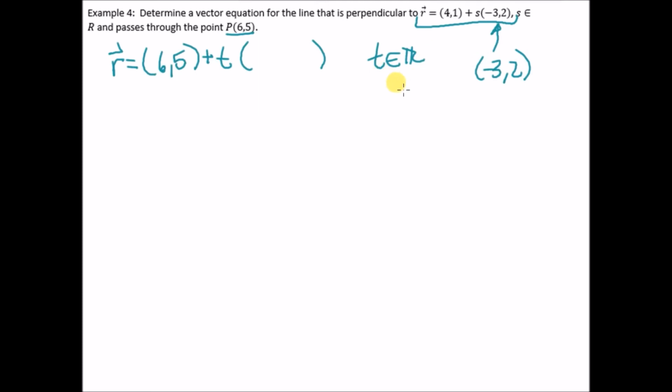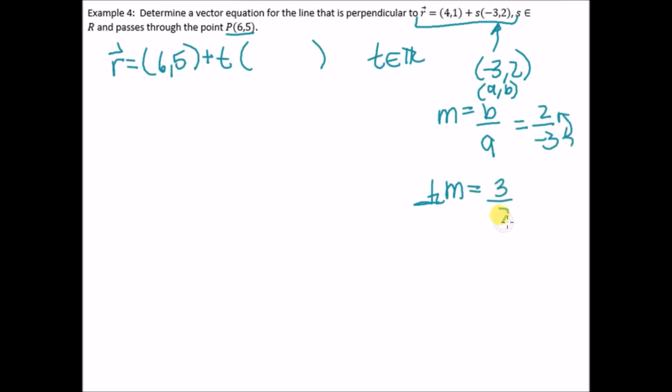Okay, so I'm going to show you how to do this the easy way. Just a little throwback for the slope. The slope of any line is, you know how we said that this is a comma b for the direction vector? The slope is actually b over a. So the slope of this line would be 2 over negative 3. This way we can do it easily. We know that the perpendicular slope is the negative reciprocal. So let's flip the 2 and the 3.